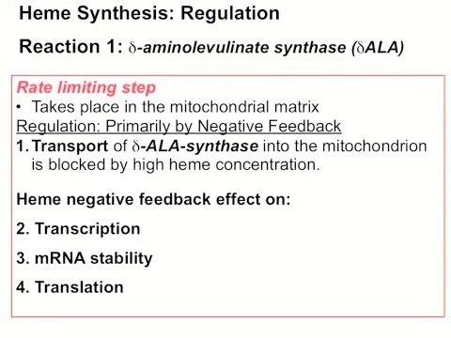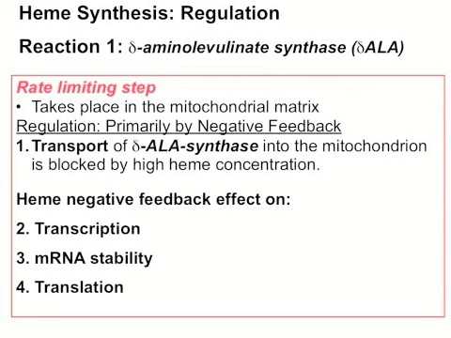First of all, heme can inhibit the transport of delta ALA synthase into the mitochondrion. Delta ALA synthase is synthesized in the cytosol, but it works in the mitochondrial matrix. So therefore, if you can block its entry from the cytosol to the matrix, you can block its action.